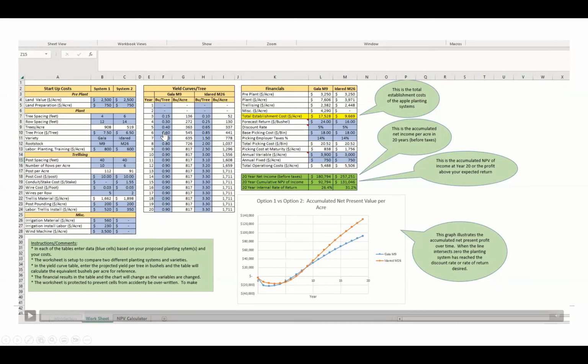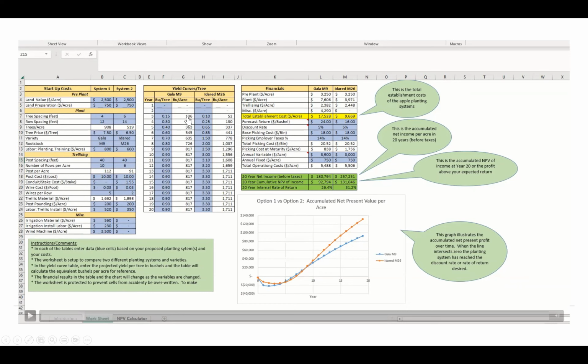And so what you can see here is that these are all of the assumptions that you would put into an enterprise budget, all of the variables that go into that analysis.